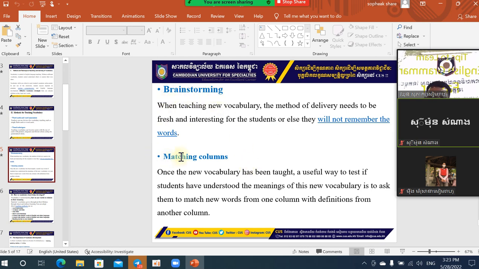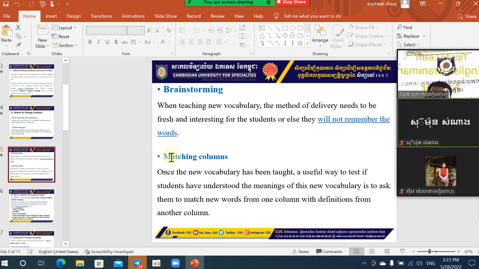And for the other slide, brainstorming, then we have 2 more. So we have 4. Brainstorming and matching columns. For brainstorming, when teaching new vocabulary, the method of delivery needs to be fresh and interesting for the students, or else they will not remember the words.